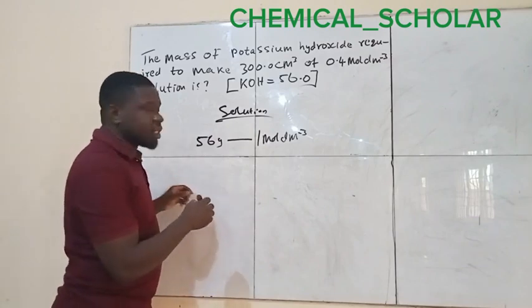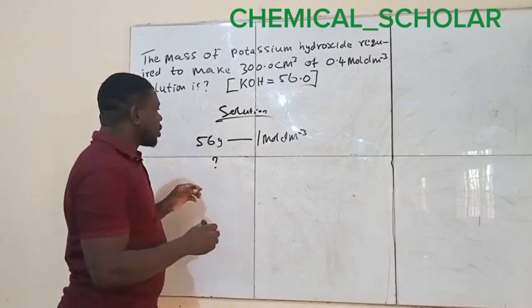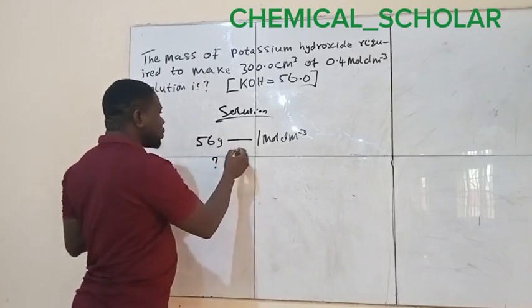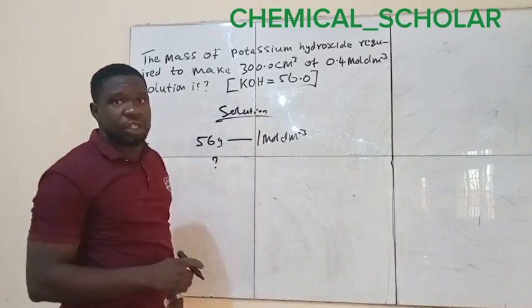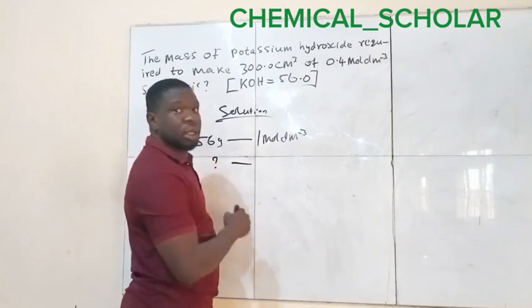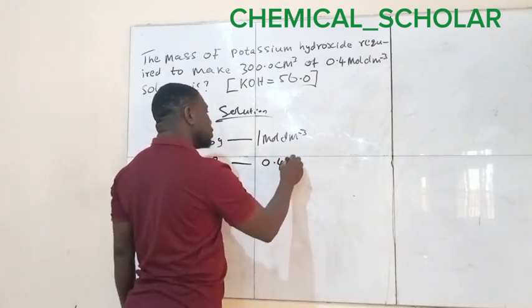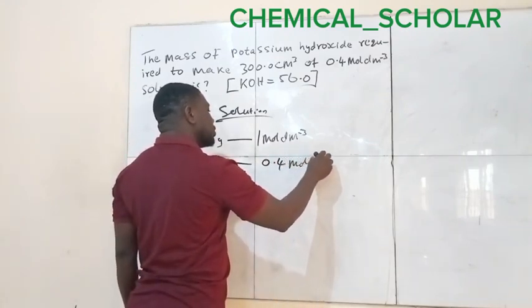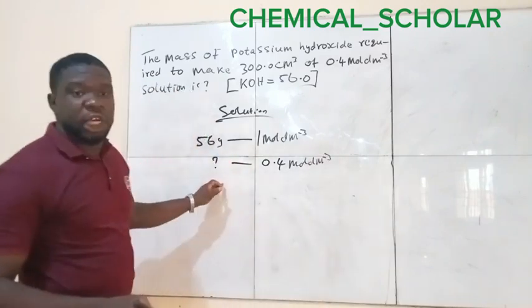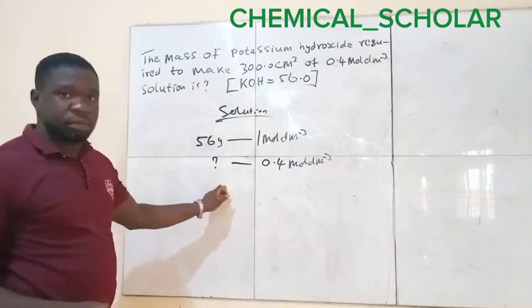Then, if that is the case, how many grams of potassium hydroxide are contained in 0.4 mole per dm³ of potassium hydroxide?